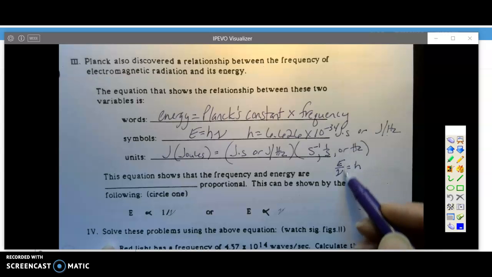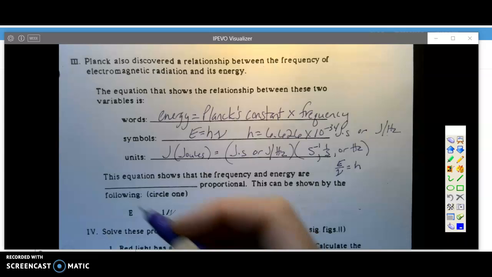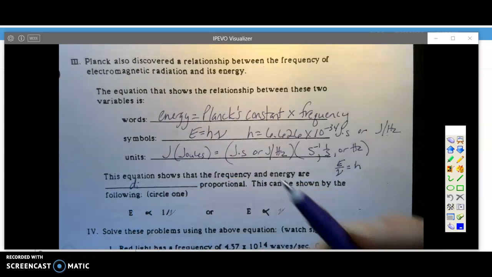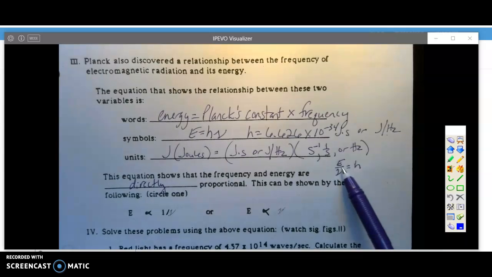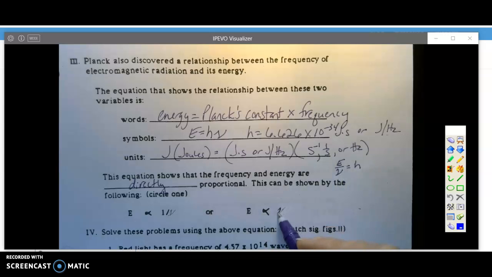So remember when we divided, D for direct. So that means as the energy goes up, the frequency has to go up, or vice versa. If the frequency goes down, the energy goes down.